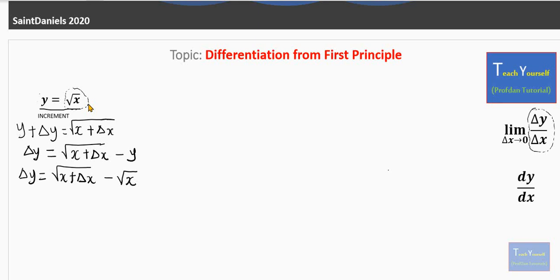The next thing is we want to bring something like this out: increments in y over increments in x. So by manipulating this, we say divide both sides by increments in x. And that becomes increments in y over increments in x equals what you have at the right side, root of x plus increments in x minus root of x, all divided by increments in x.